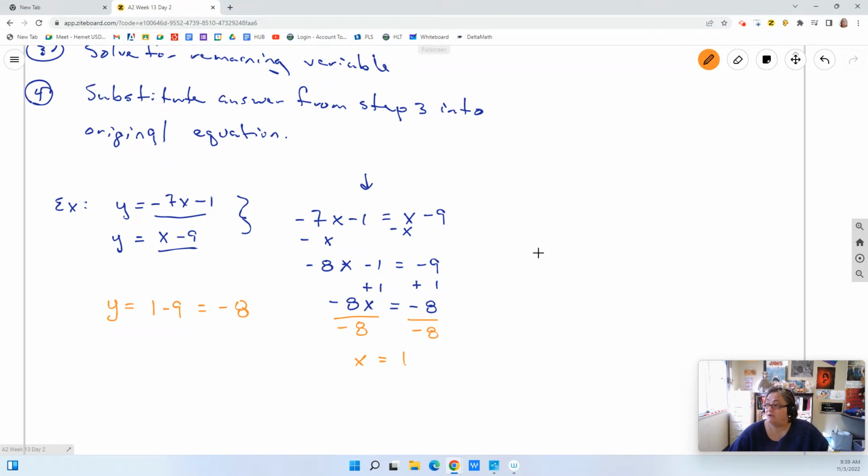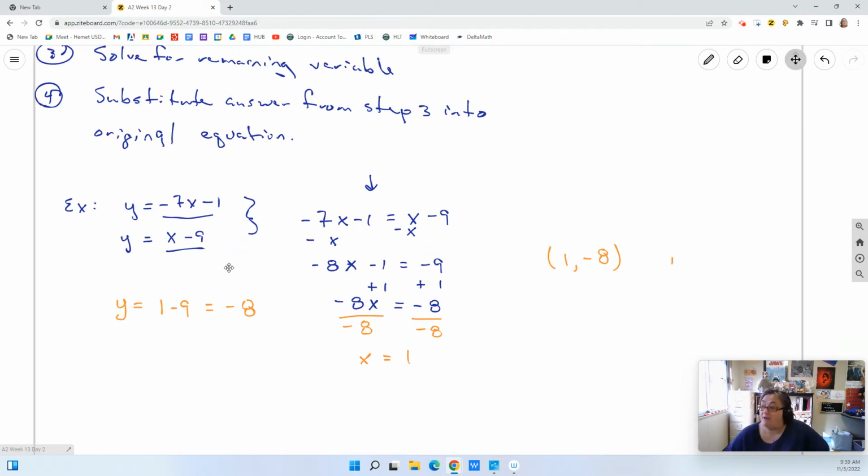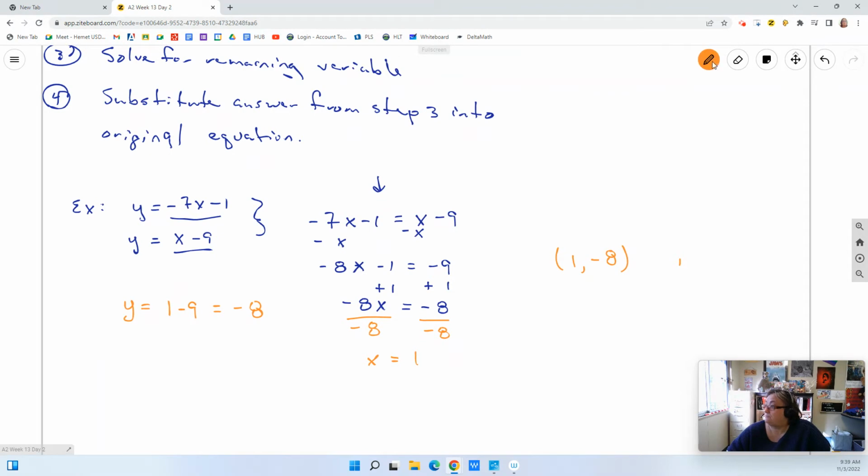So our point value, our solution, is x equals 1 and y equals negative 8. And that is the true solution for both of these equations. We can check it if we want to. We know the first one, we already plugged it in, but if I plugged it into the second equation, I would go, okay, if I had minus 7 times 1, that's what x is, minus 1, I should still get negative 8 as a solution.